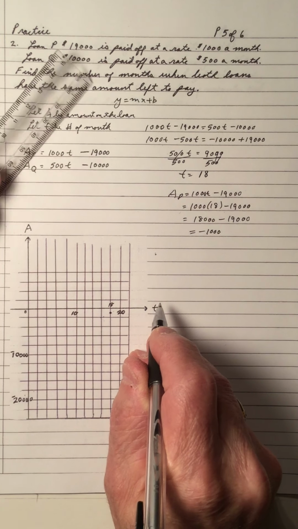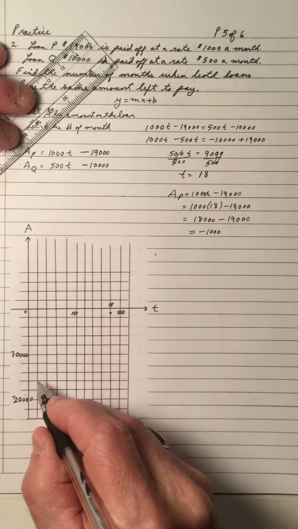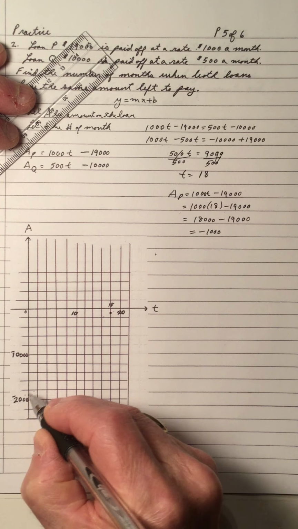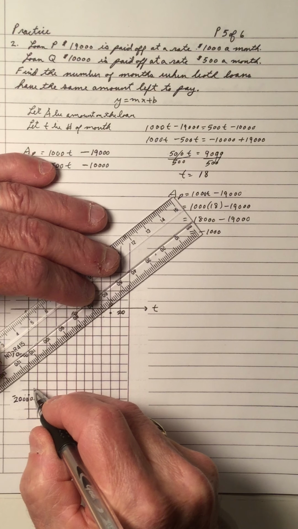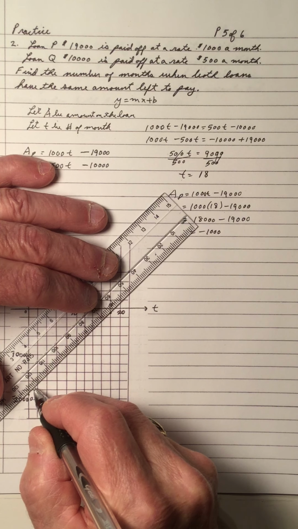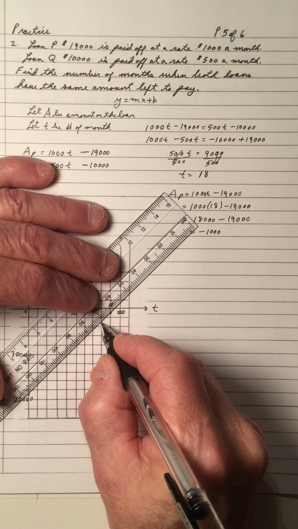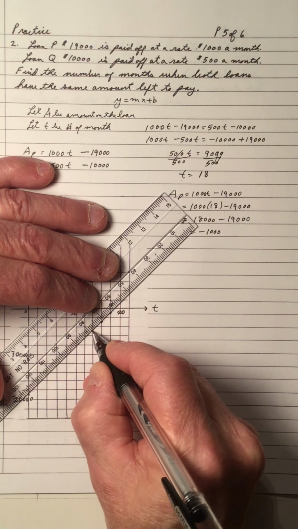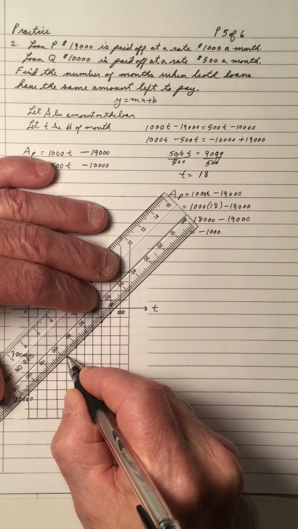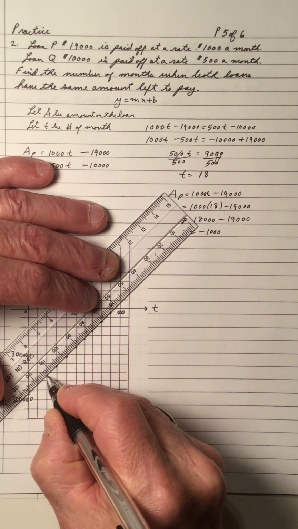So if I take the 1,900, which is right here, and draw a graph. Now I've got to be careful. Remember, I can only plot dots. I won't make a mistake like I did last time. Just do the dots as you go along this line. There it is.